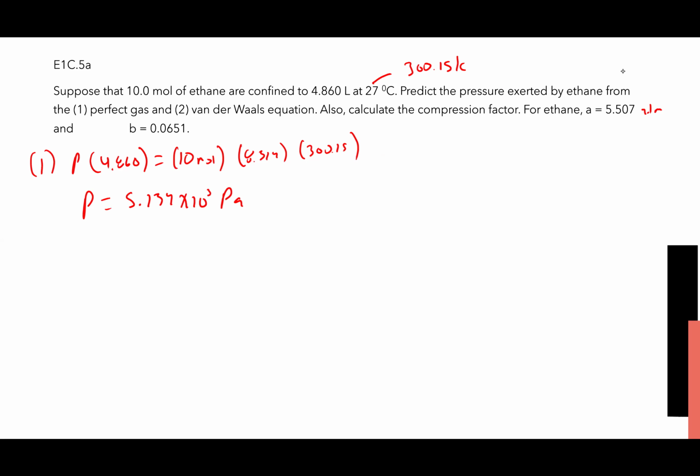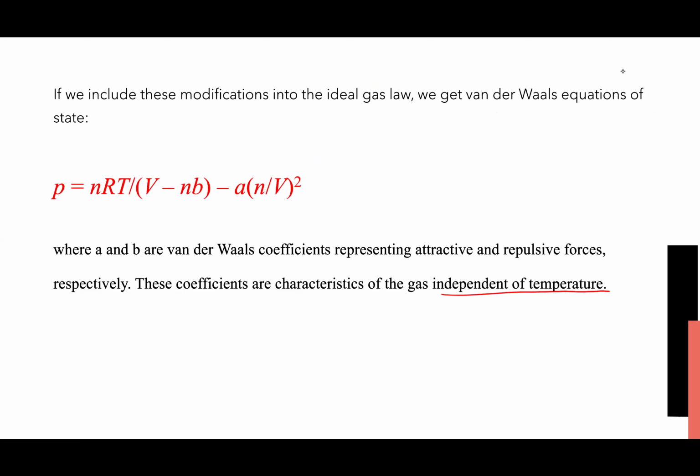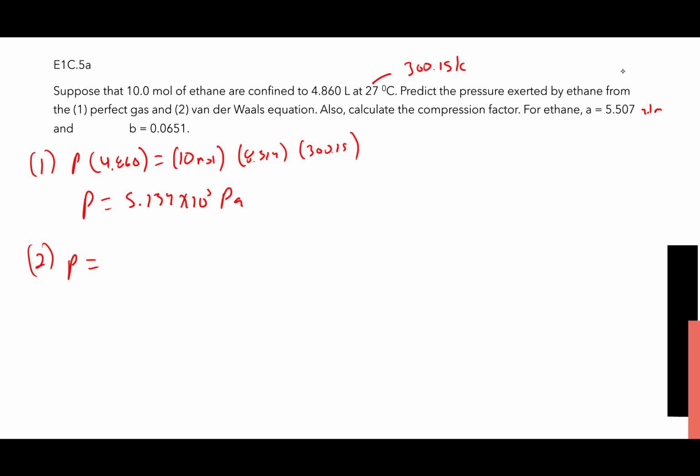Now we'll do the same thing with the van der Waals equation. P equals nRT over V minus nB, and all subtracted from that, A times n over V squared.